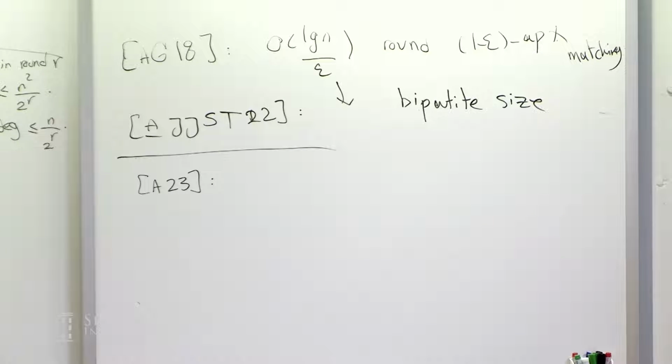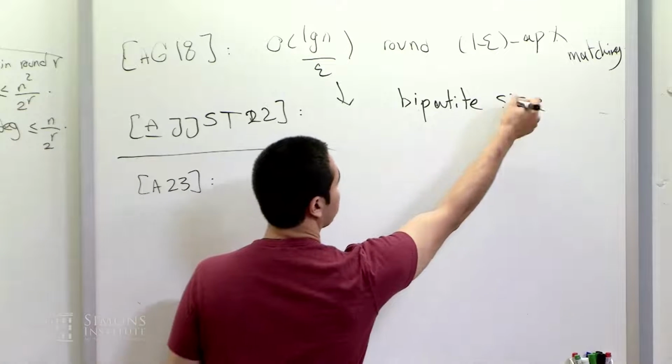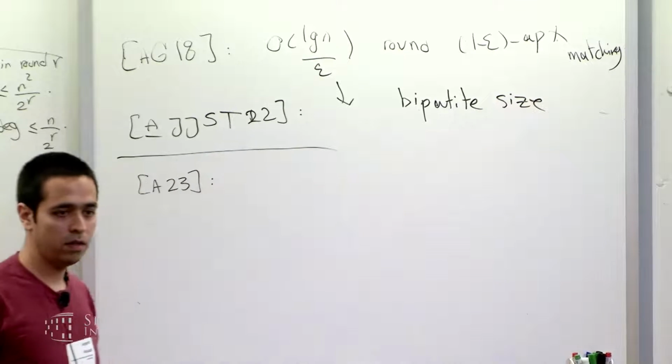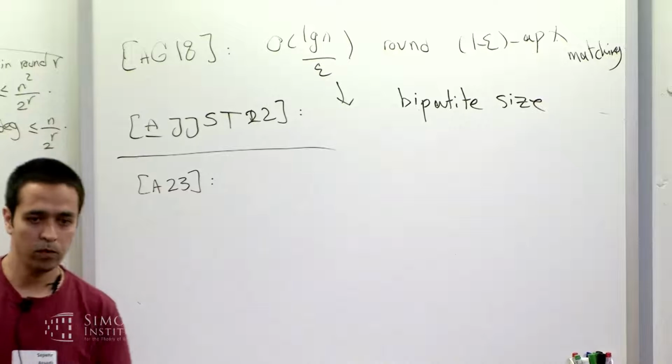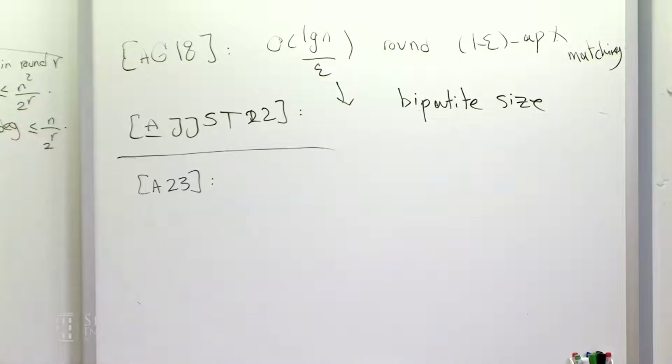Okay. And the algorithm, yeah, I'll show you the algorithm. What do you mean by bipartite? Oh, bipartite and size, just not weight, just the cardinality. Oh. Okay. All right, so what is the algorithm now? Sorry, just a clarification question.